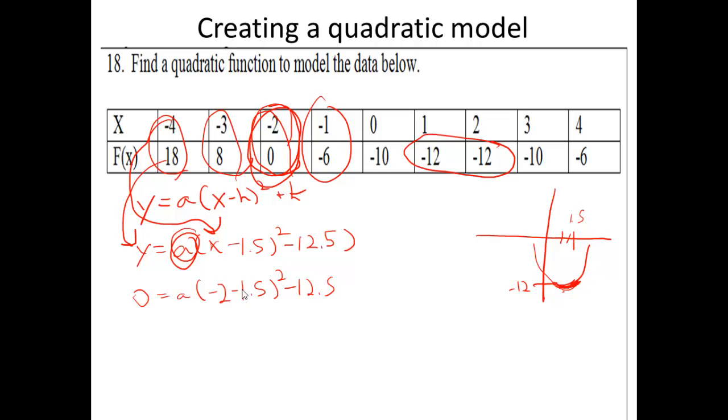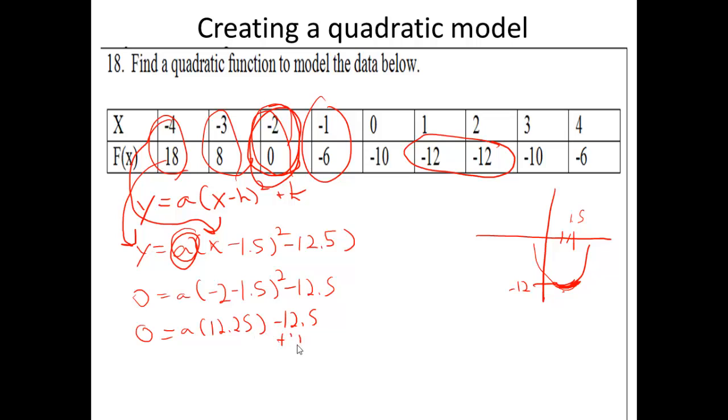Negative 2 minus 1.5 is 3.5. And when I square that, I get, excuse me, 12.25. So a times 12.25 minus 12.5 is equal to 0.